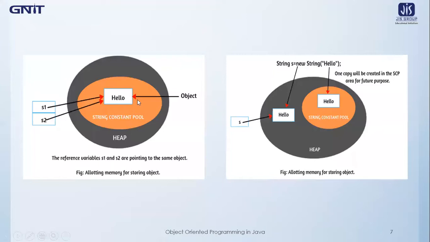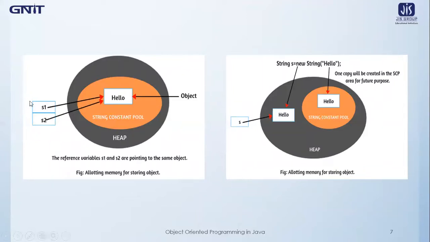The case that I have just described is this one, where you can see that we have written two statements in order to create two objects, S1 and S2, using the string literal hello. Whenever the first statement is executed by the JVM, the JVM will first check whether the string constant pool contains any object with the value hello or not.